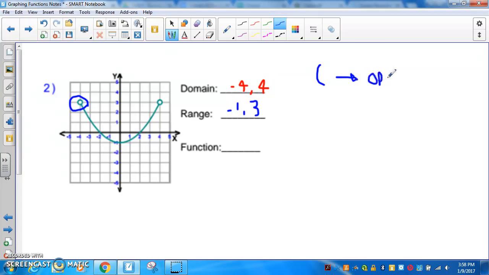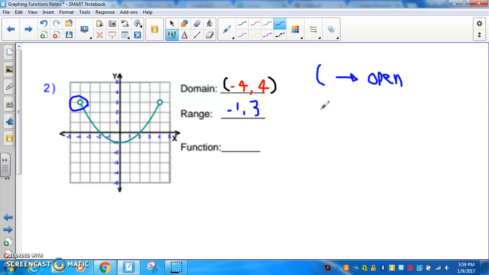And you'll never guess what these guys are. They're open, right? There's an empty space. And that just means that it goes until that point, but it doesn't include it. So in this case, that's true with this curve. It goes to -4, but it doesn't include it. It's also true for +4. So I was actually right before when I used parentheses.